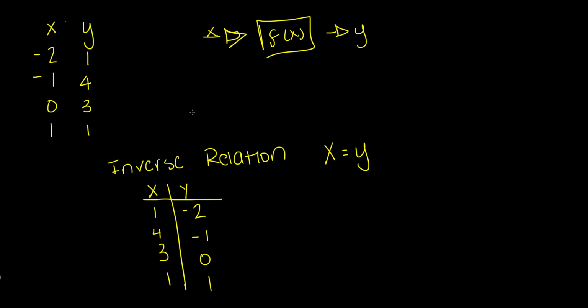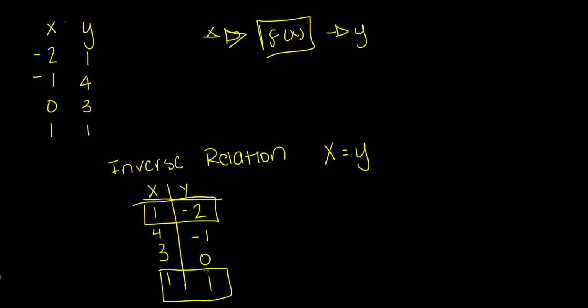Now looking at this one, we have two points with the same x. If you remember back to Algebra 1, the one-to-one relationship is what you need for a function.